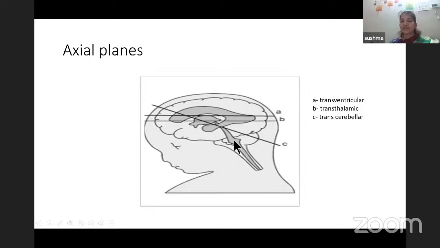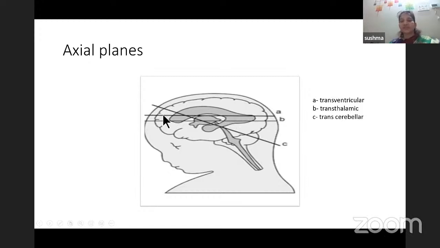From the fourth ventricle, through the foramen of Magendie, one central, and the two lateral foramina of Luschka, cerebrospinal fluid enters the subarachnoid space. From here it continues as the central canal in the spinal cord. This is the basic anatomy that we need to refresh before we move on to further slides.